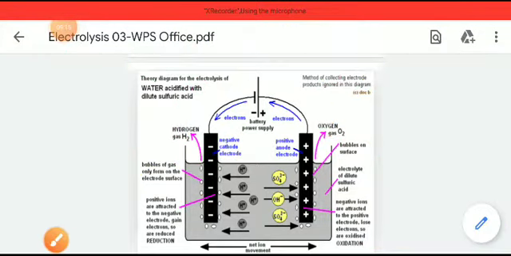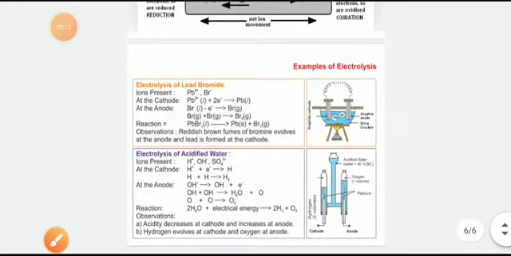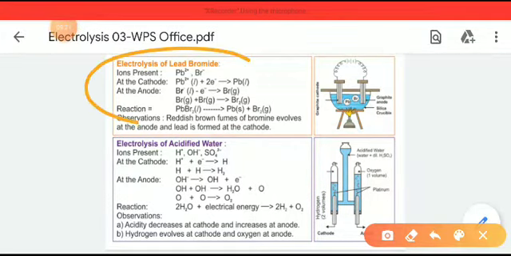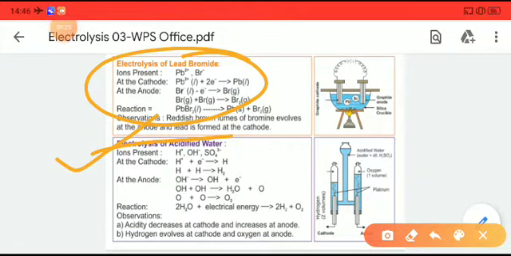Okay, so this is the total reaction, the overall reaction of the electrolysis process of lead bromide as well as the electrolysis process of acidified water. In this whole reaction you can take an example and note it down.